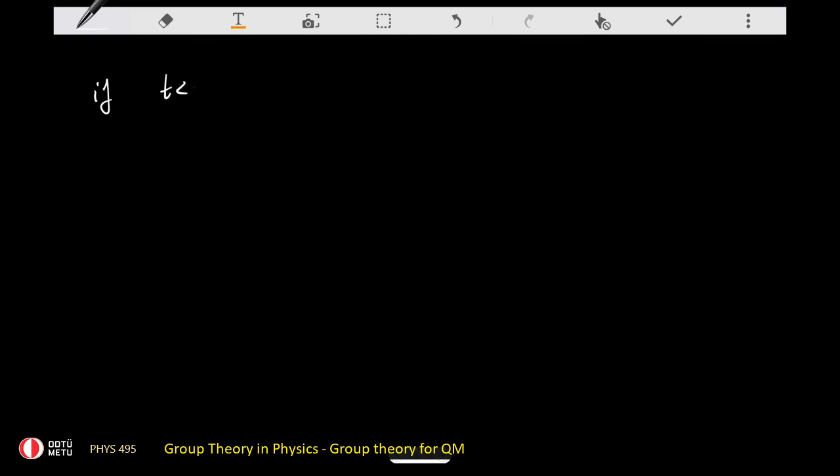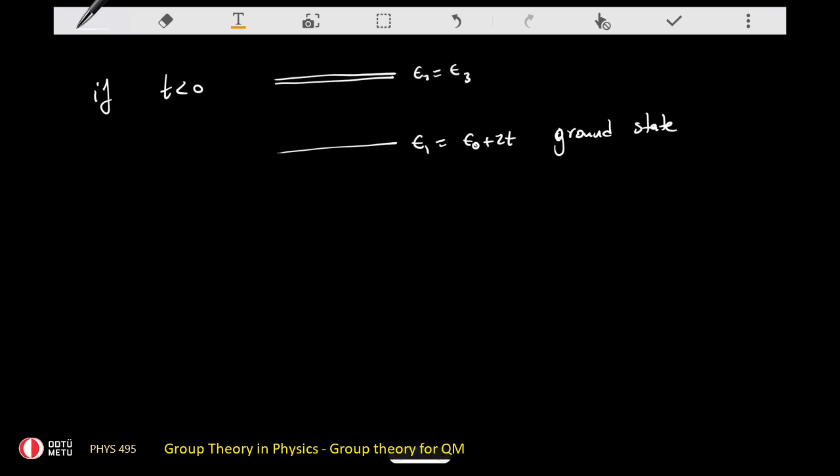In that case, epsilon 1, which is epsilon 0 plus 2t, is the ground state. And then the first excited and second excited levels have the energy of epsilon 0 minus t. So these are the excited states.